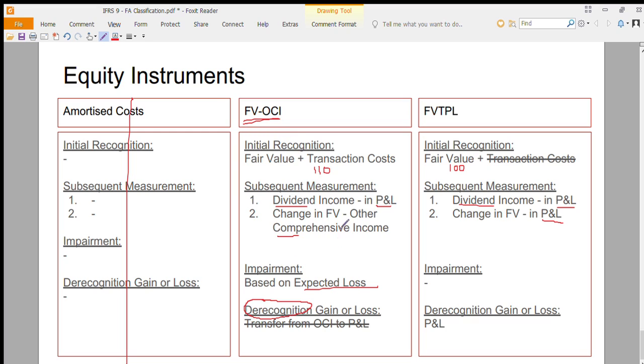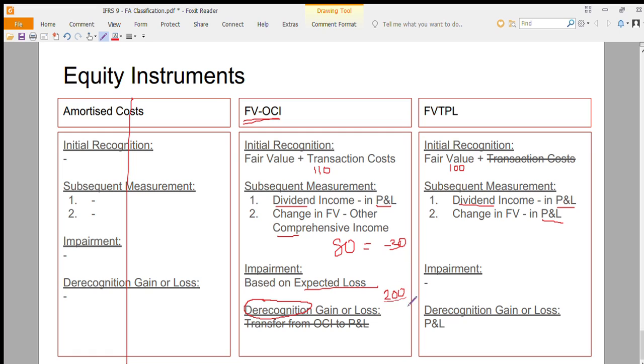So in our earlier example, we bought an asset at $110. At end of the first year, we saw the value of the asset went to $80. So there was a negative $30 in the reserve. Let's assume now at end of second year, you've decided to sell the asset. The share price has significantly gone up. Let's say it is at 200.